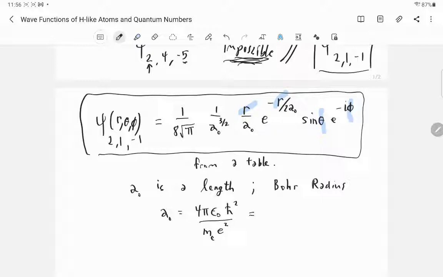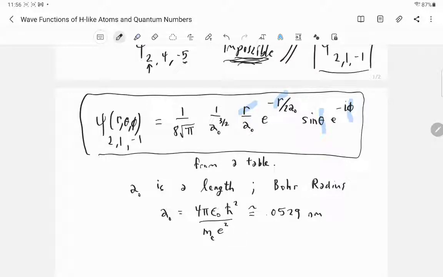If you calculate this out, it's about 0.0529 nanometers. It's a distance made out of these fundamental constants, and so it's more convenient to recognize this as a distance.